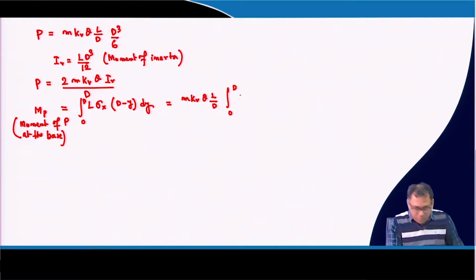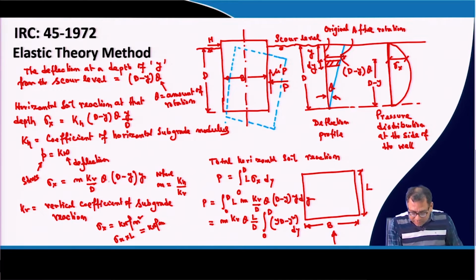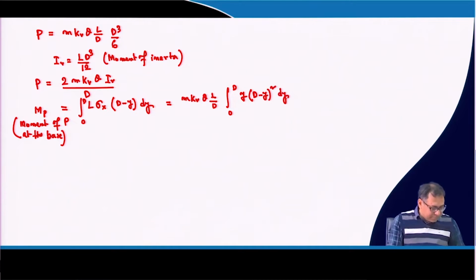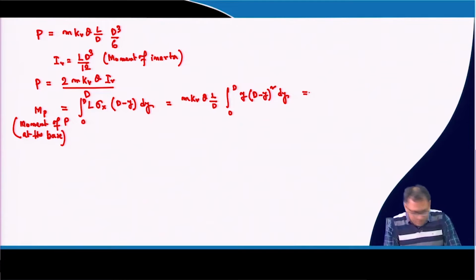There is a y term, y, and then d minus y to the power square, and this is dy. Now after integrating this term, putting the limits and simplifying, we will get M P equal to m k v theta into I r.